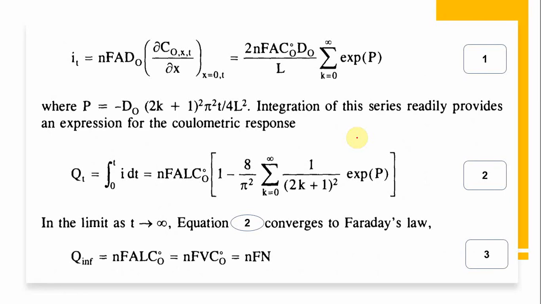One is for the current, which we get when we take the derivative of the concentration profile over the distance, which is this term.